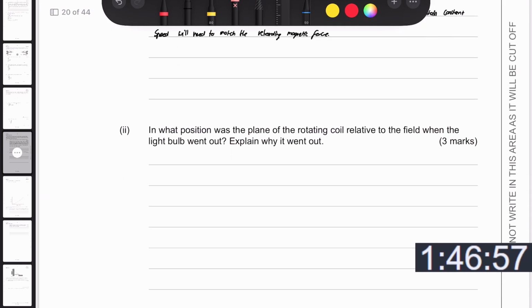In what position was the plane of the coil relative to the field when the light bulb went out?